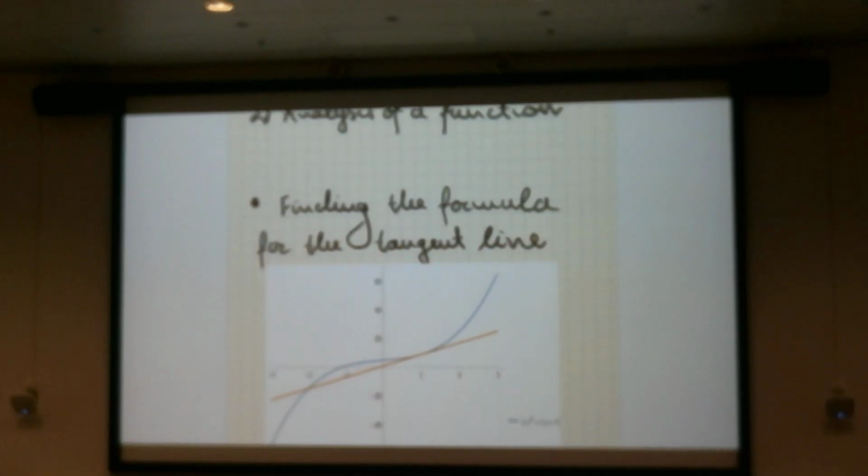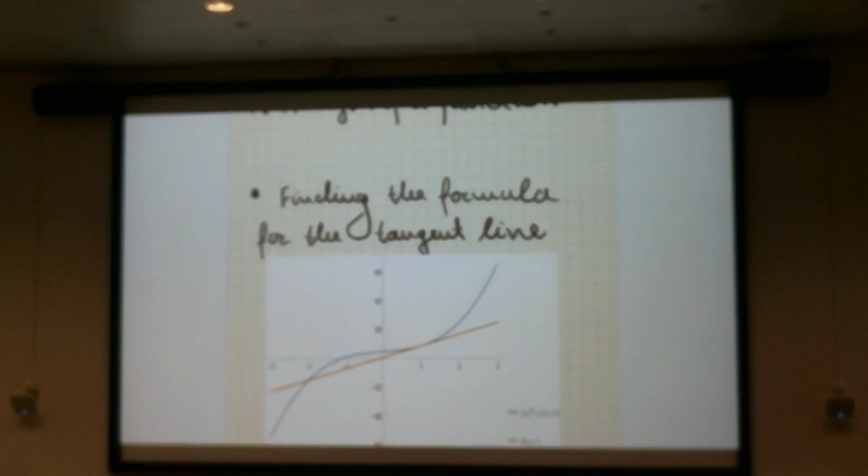So, for instance, here I'm going to give you a picture. Here I have a function and I have a tangent line. Let me make it even a bit bigger, perhaps like this. So here I have a specific function, 2x to the power of 3 plus 2x plus 5, and that's the blue line. And then I have a function 8x plus 1, a linear function, the orange one.